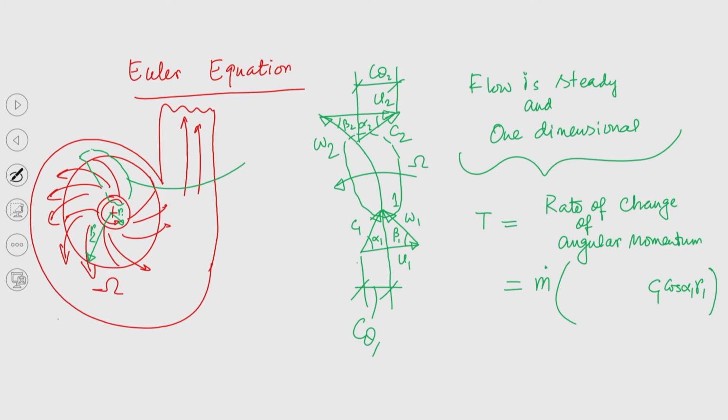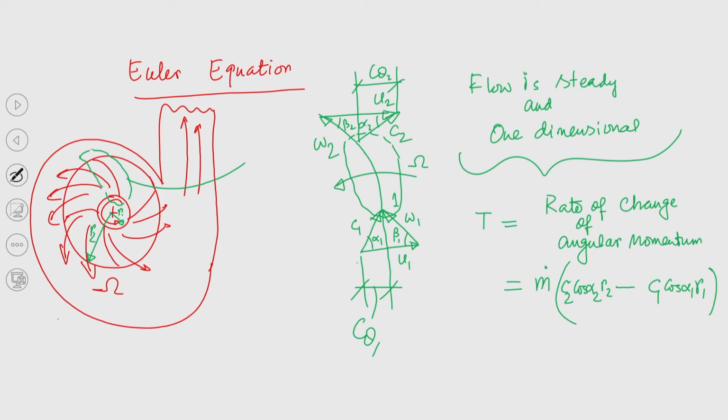So, this will be c 2 cos alpha 2 r 2. So, this is m dot c 2 cos alpha 2 r 2 minus c 1 cos alpha 1 r 1. We can write this from this schematic.